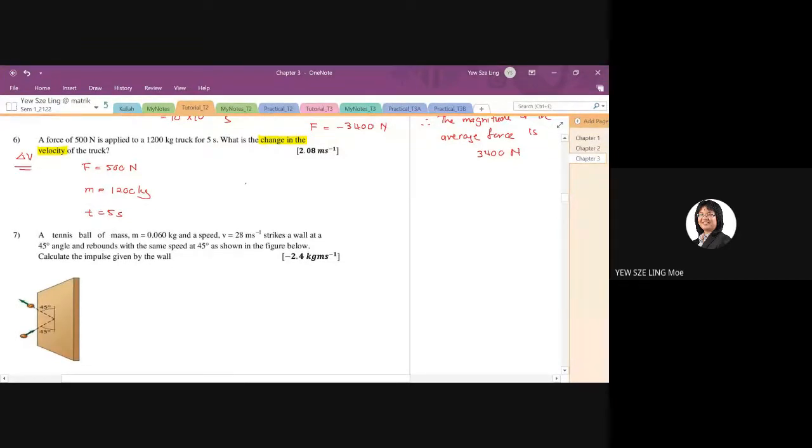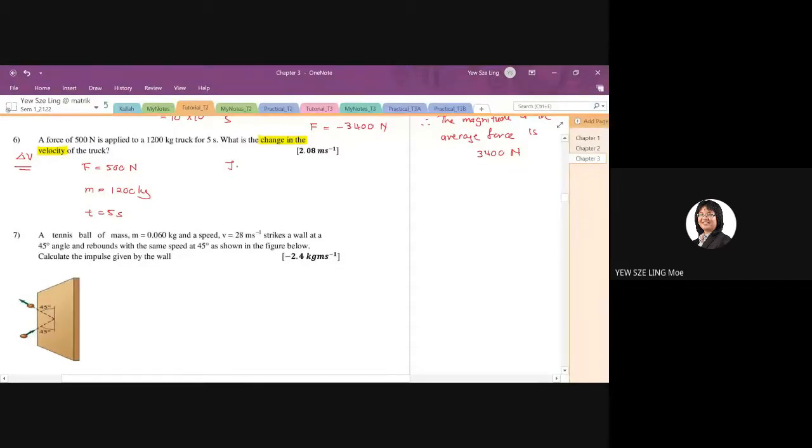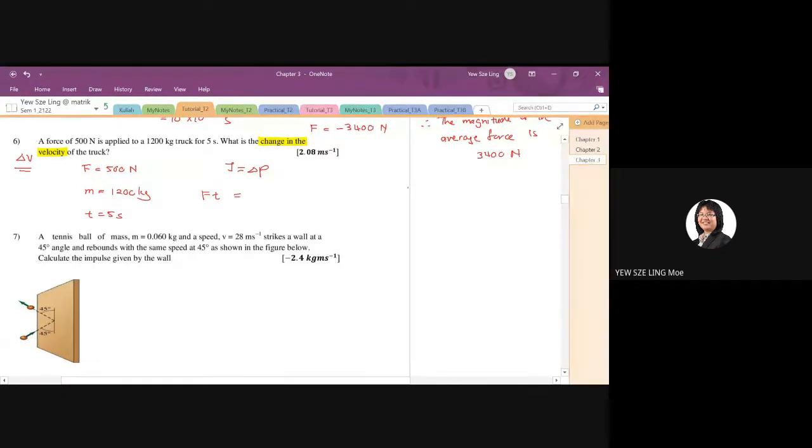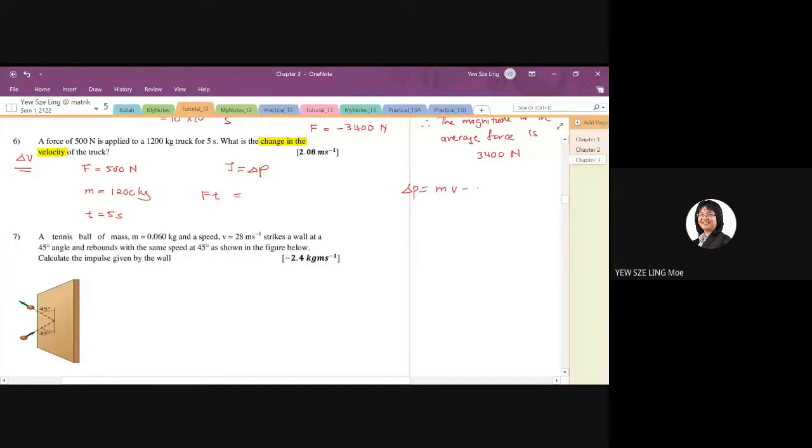So in this case, I have J equals delta P. That is my impulse momentum theorem. Impulse is Ft, and momentum we know is mv minus mu. So delta P is equal to mv minus mu.